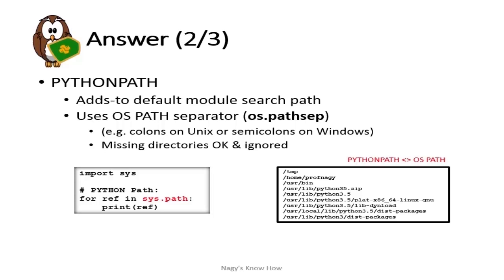So once again, unlike the operating system path, the Python path will have folders as well as archives, and you will note that many of the folders that were on the operating system path, as shown in the previous slide, will not be displayed on our sys.path collection on Python.